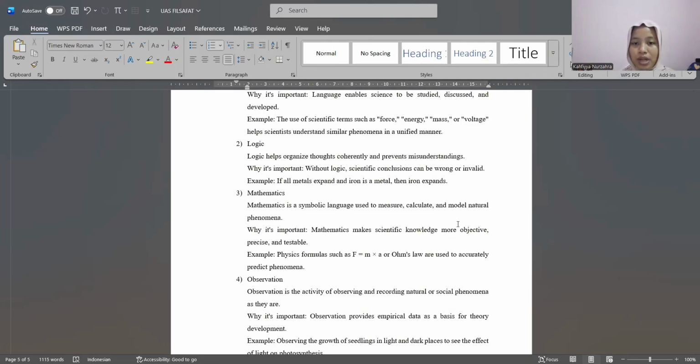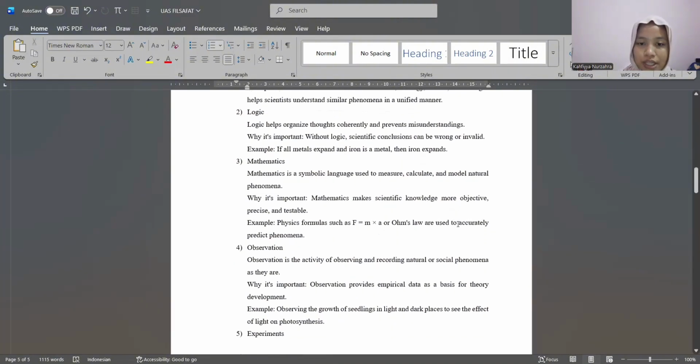Mathematics is a symbolic language used to measure, calculate, and model natural phenomena. Why is it important? Mathematics makes scientific knowledge more objective, precise, and testable. Example, physics formulas such as F equals m times a or Ohm's law are used to accurately predict phenomena.